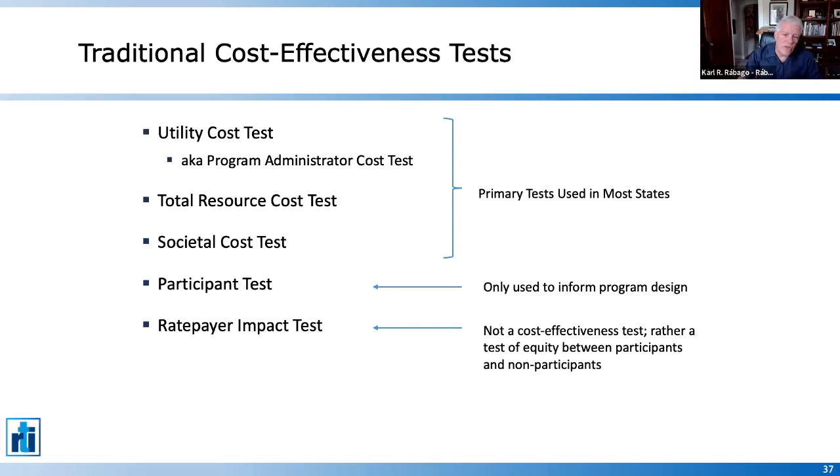Sometimes we narrowly focus just on participants when we're trying to really fine-tune our program design, or we look at ratepayer impacts, but that's not really a cost effectiveness test. It's actually just a test of equity between who pays, who benefits, when do they pay, and when do they benefit, of legitimate questions to ask, but not a cost effectiveness test.